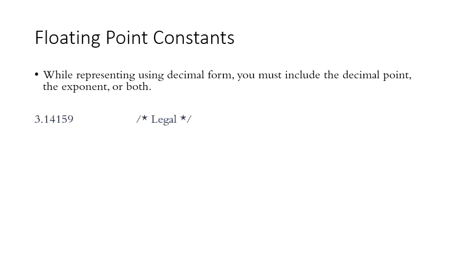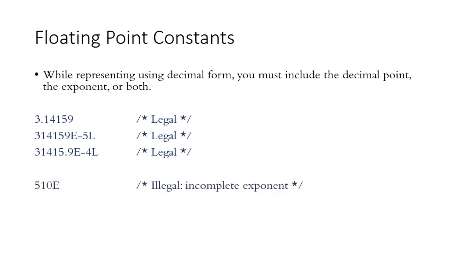For example, 3.14, which is a value for pi, is valid, and 314159E-5 is also legal. We have included here the exponent, right? Or you could include either a decimal point or the exponent or both. So this is an example.